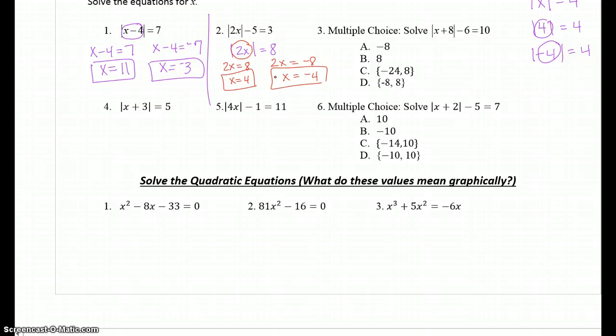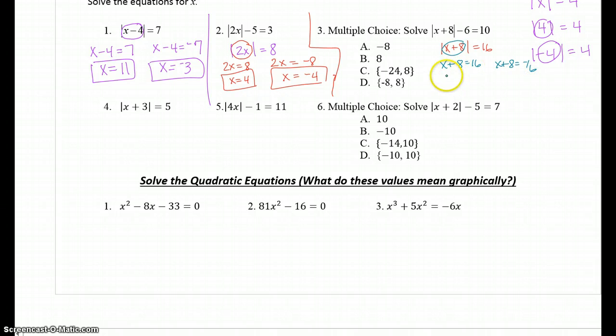Number 3 is just a multiple choice, but we're going to treat it the same way. Again, if you don't know how to do a problem, simply work backwards and plug in, because the answer is there. It's just your job to pick one. So first I'm going to add 6 to both sides. And then I'm going to say, okay, the inside can be equal to a positive or a negative.